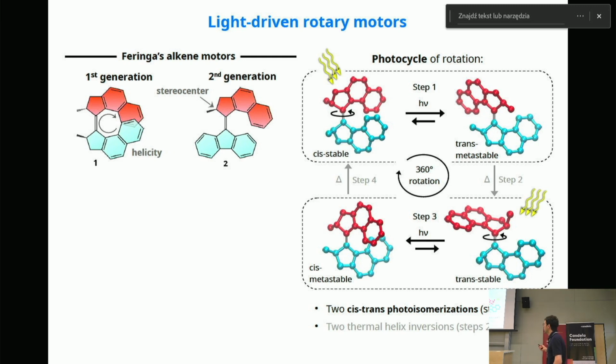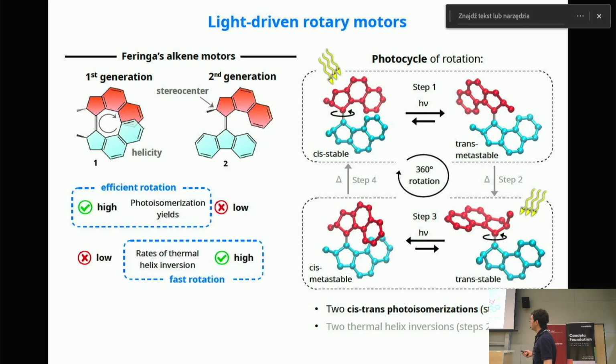In between these two photochemical reactions, we have two thermal steps called helix inversions, in which the helicity of the motors is inverted. Among the Feringa motors, we can distinguish at least two classes.